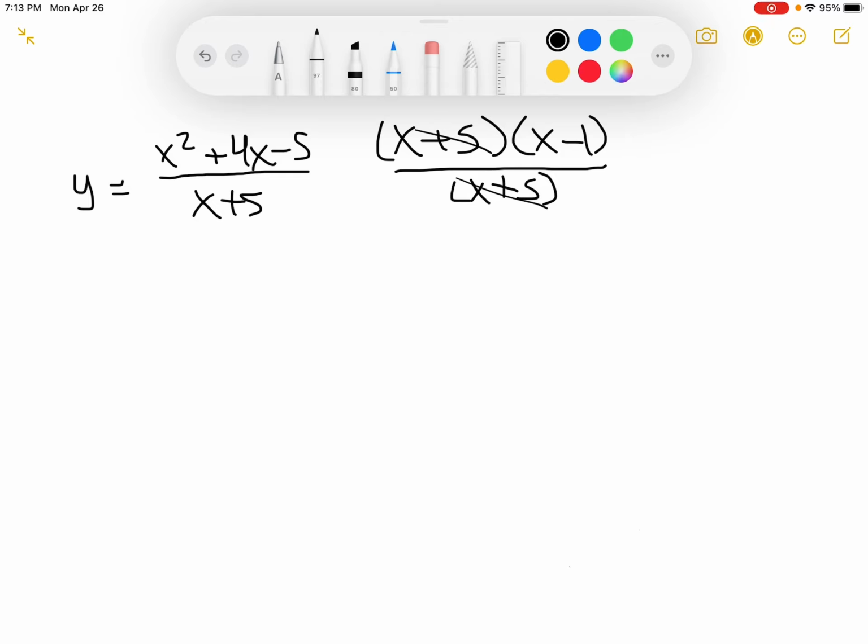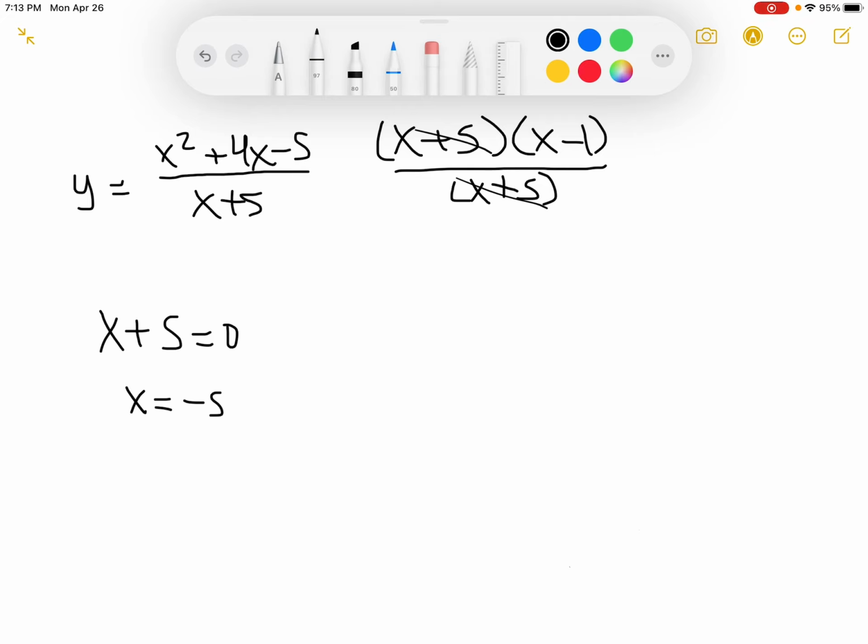To find the hole, you have to find the x and the y coordinate to know where to put it on the graph. To find the x, we need to set the thing that we canceled out equal to 0, so we would get x equals negative 5. That's the x coordinate.